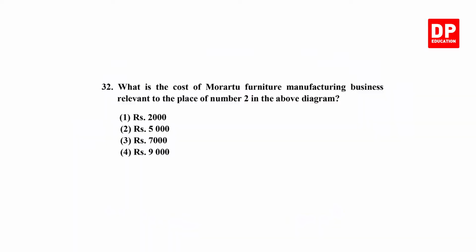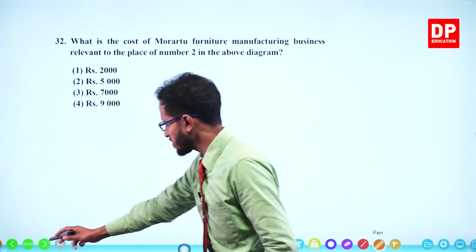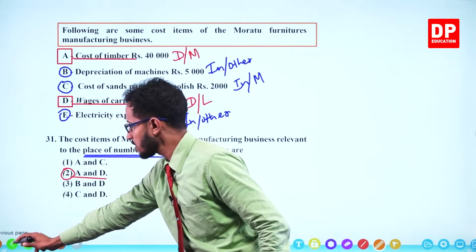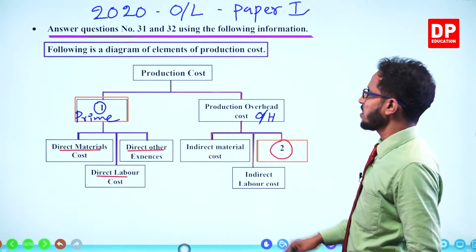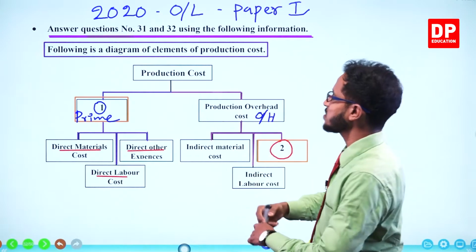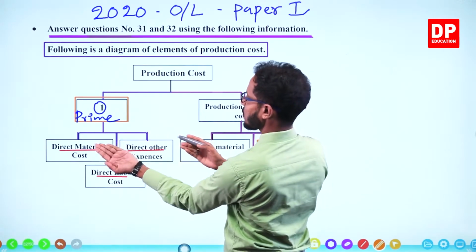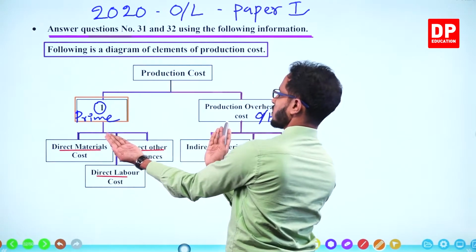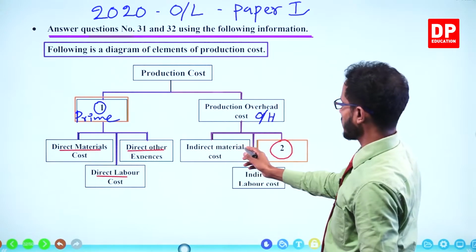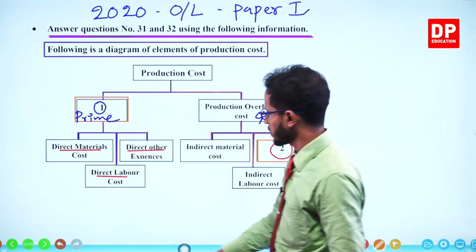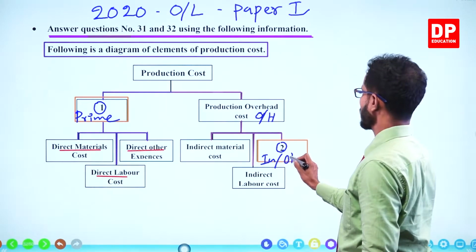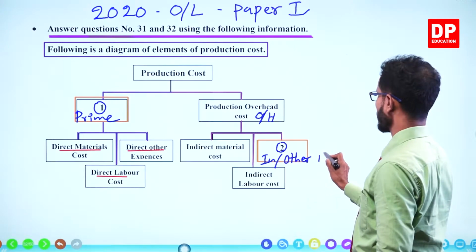Next question. Which cost items of Moratu furniture manufacturing should go to place number 2? This is place number 2. If this side is prime cost and this side is overhead cost, under overhead cost we have indirect material, indirect labor and indirect other. Here it should be indirect other expenses.